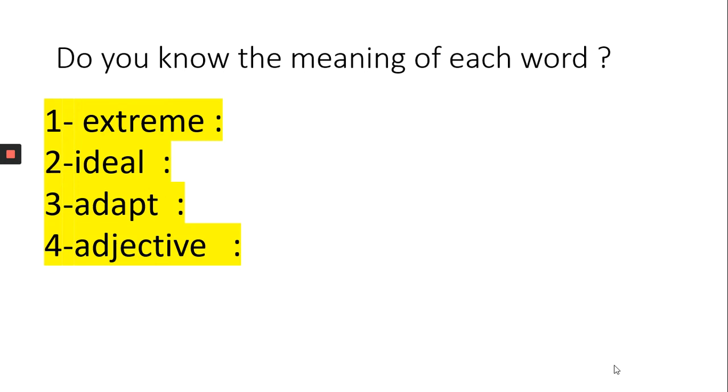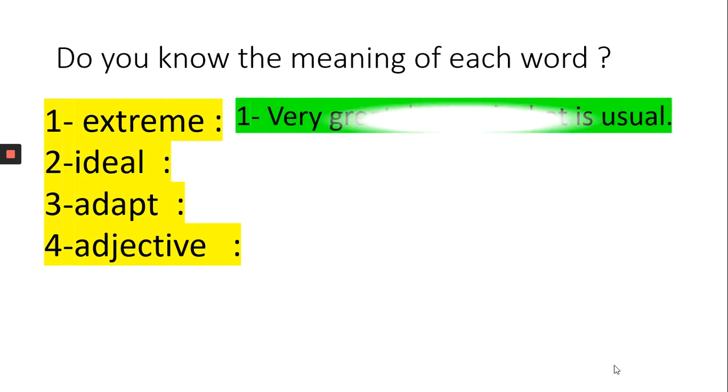Extreme is something that needs a lot of effort. For example, he was running to an extreme degree. He was breathing hard. So as you see here, extreme means something that is very hard or very tough or very difficult to complete.